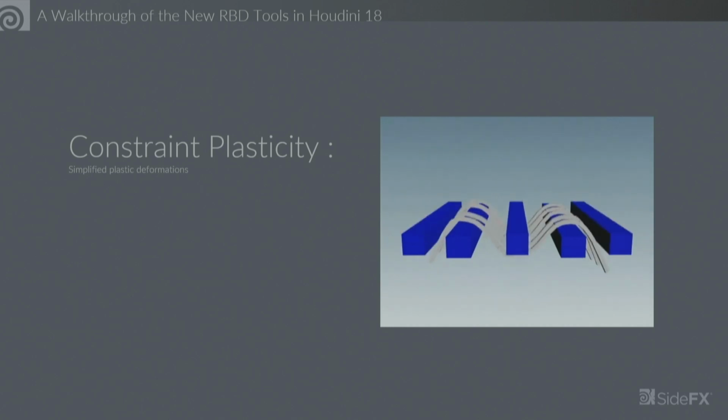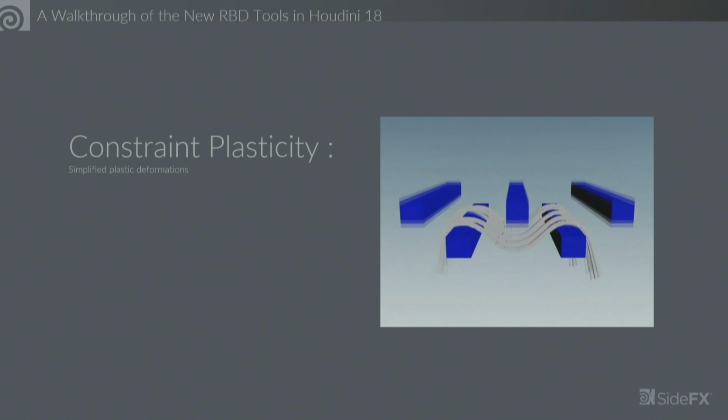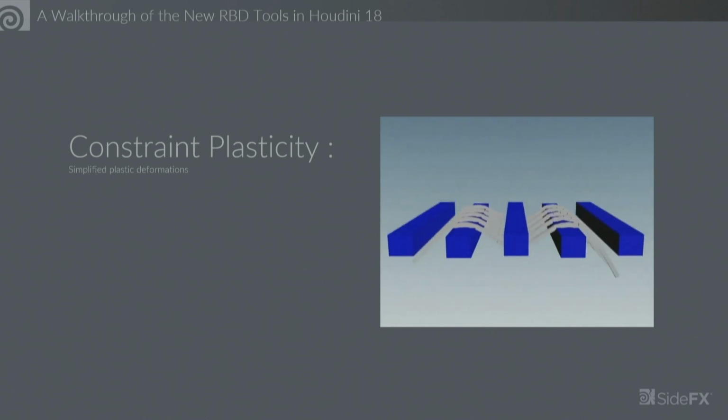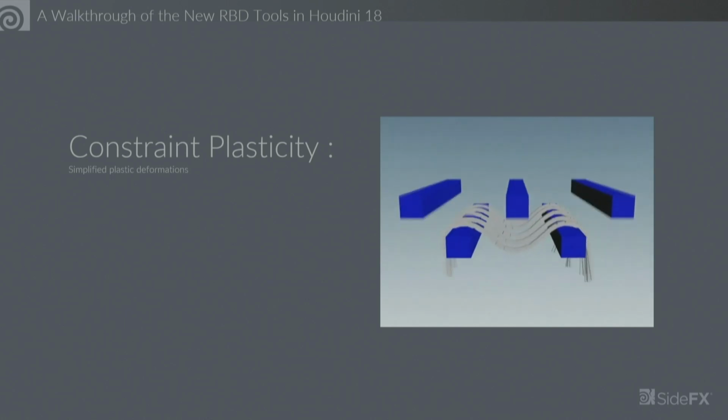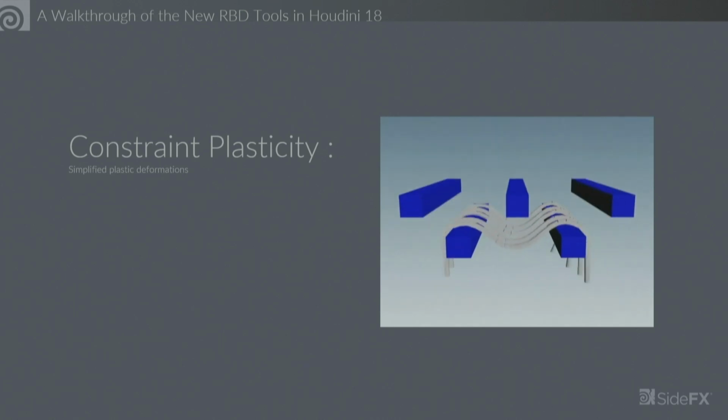So as with other DOP constraints, these can be driven through attributes on the constraint prims, which can be set through the RBD constraint properties SOP. Linear plasticity can get pretty fiddly, so I normally just stick to angular plasticity, which just allows the bends to stick.